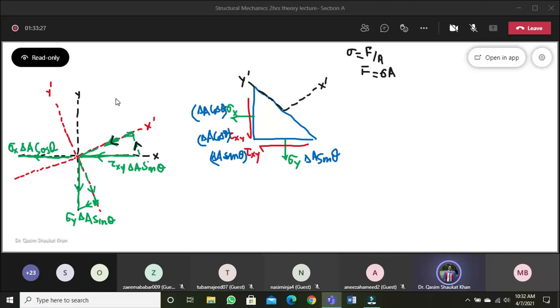Guys, if you find any difficulty, do let me know. Guys, can you hear me? Are you guys getting this force resolution into its components or not? Yes sir, understood. Good.